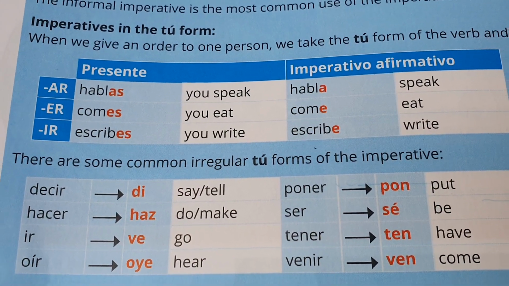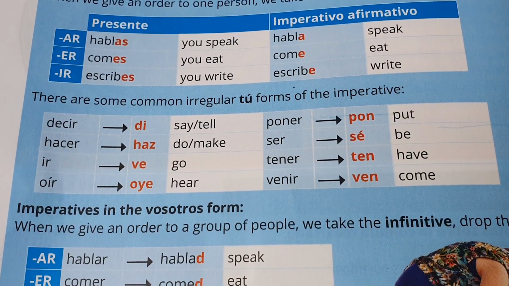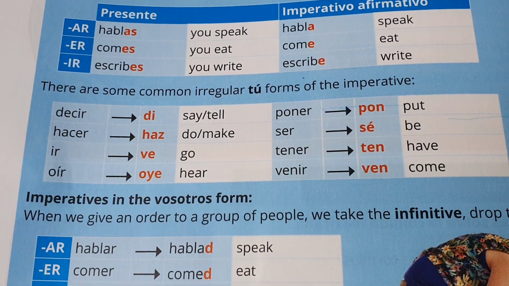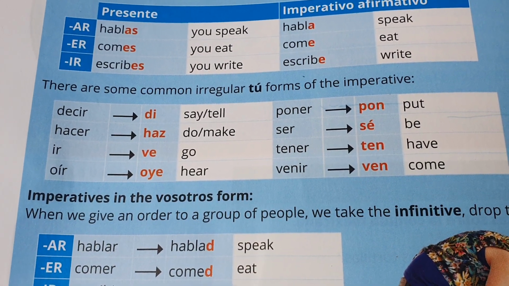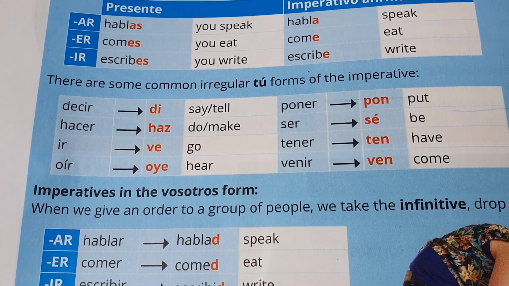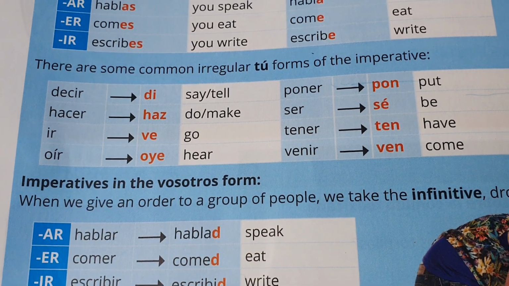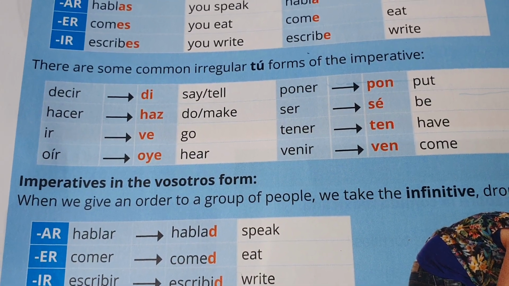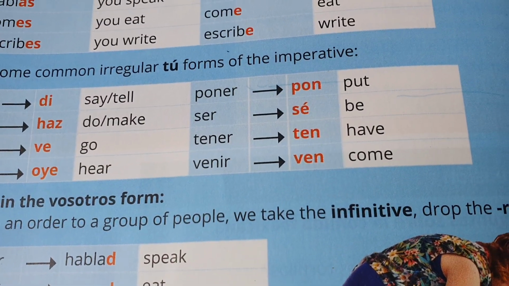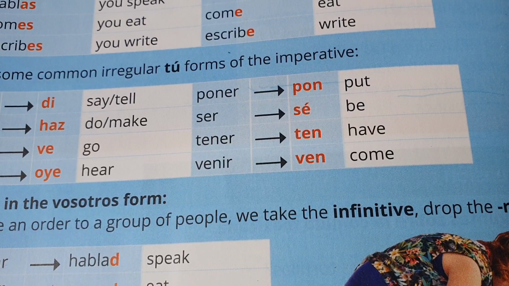Now, unfortunately, there's a few irregulars, so we have to learn these off. There's no other way. So decir, to say or to tell, becomes di. So you'll often hear a Spanish person saying, dime, tell me. Hacer, to do or to make, becomes haz. Ir, to go, becomes ve. Oír, to hear, becomes oye. Poner, to put, becomes pon. Ser, to be, becomes sé.